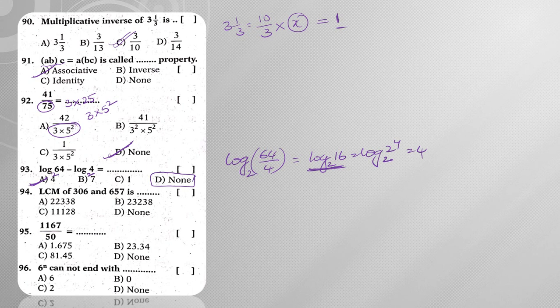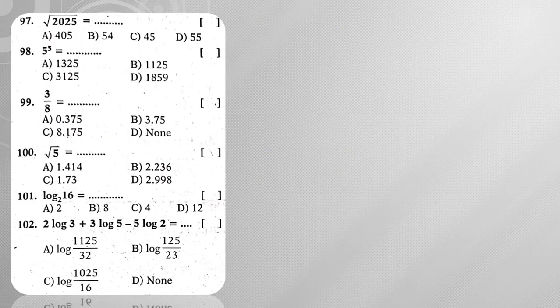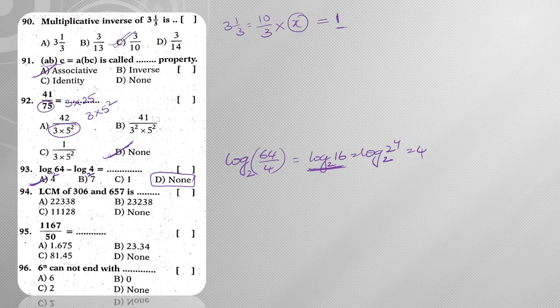Okay. Next, what is the LCM of 306 and 657? So we need to find out the LCM of 306 and 657. Now this 306 I can write as 2 into 3 square into 17, and this 657 I can write as 3 square into 73.